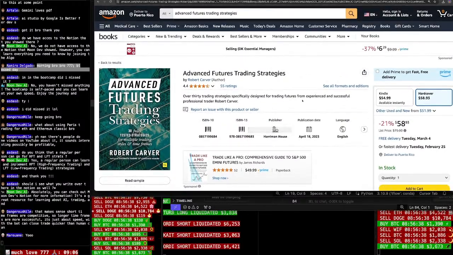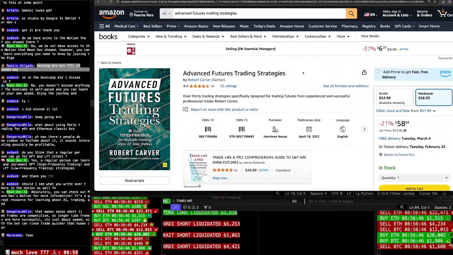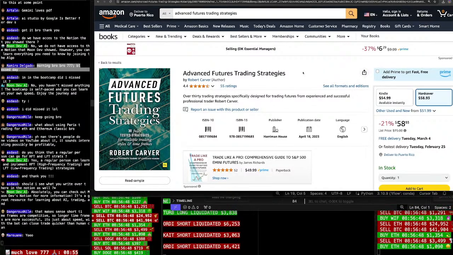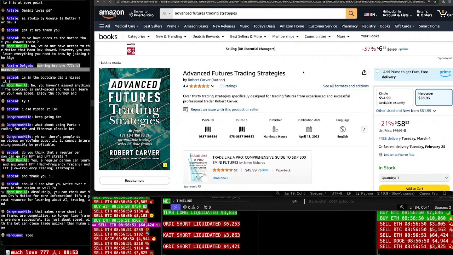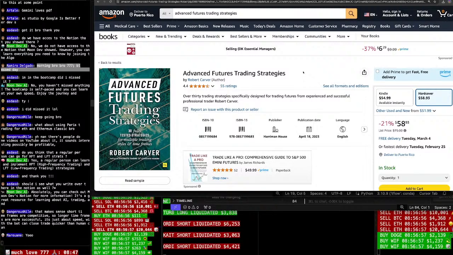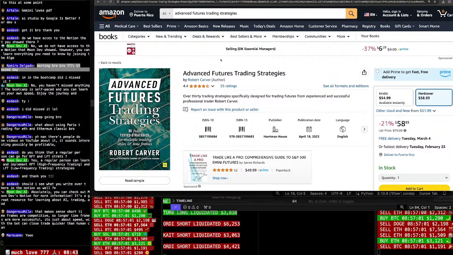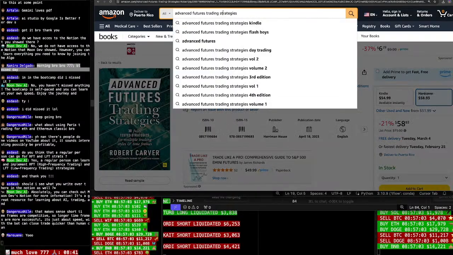And then after researching, it goes to backtesting. After backtesting, if you find something profitable in the past, it might be profitable in the future. It's not guaranteed, though. So it's a lot of hard work on the front end. And you really got to earn it. You really got to earn it in order to build that bot on the back end. So Advanced Futures Trading Strategies here. Absolute fire.